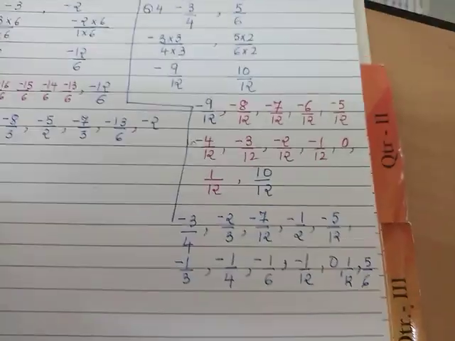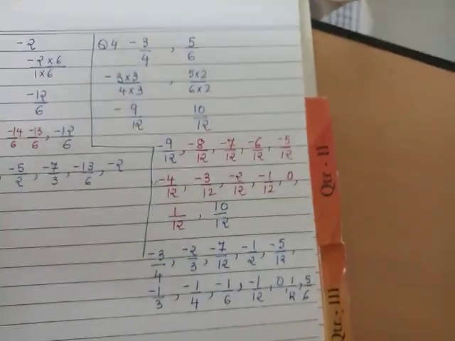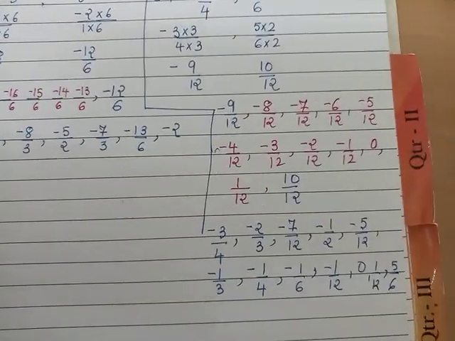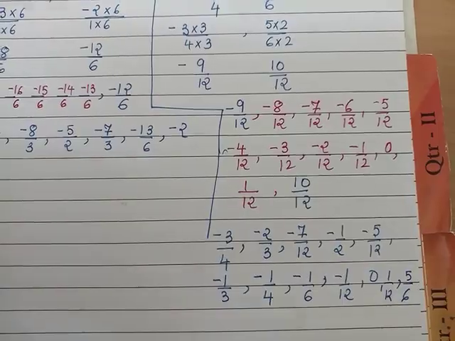So this way we have inserted 10 rational numbers between these given rational numbers.